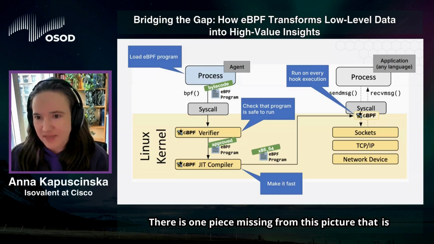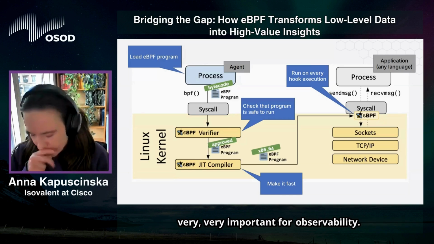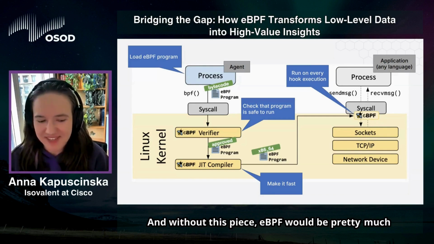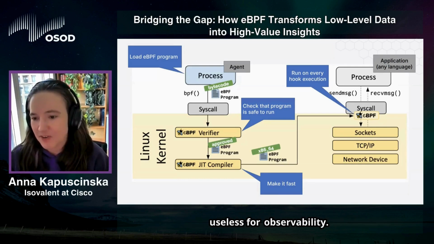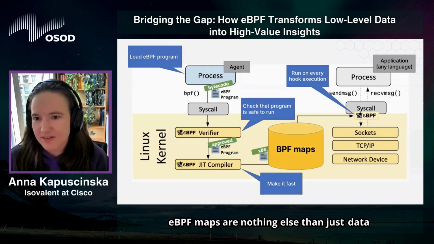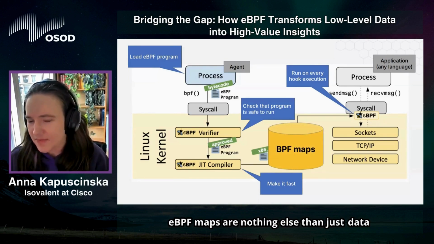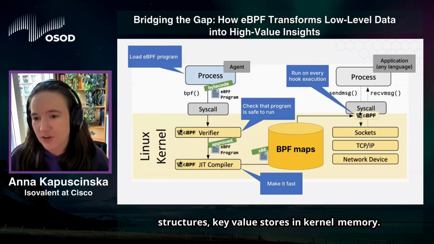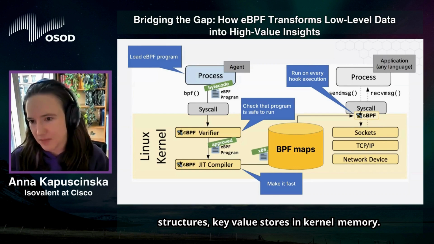There is one piece missing from this picture that is very, very important for observability, and without this piece, eBPF would be pretty much useless for observability. BPF maps. BPF maps are nothing else than data structures, key-value stores in kernel memory.